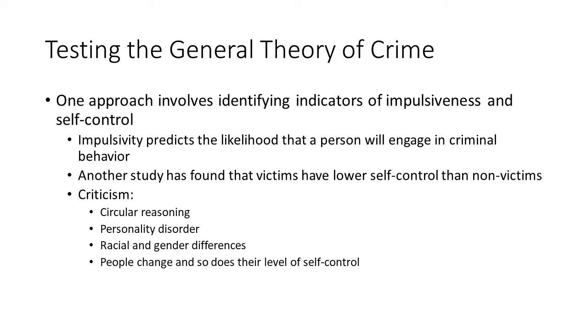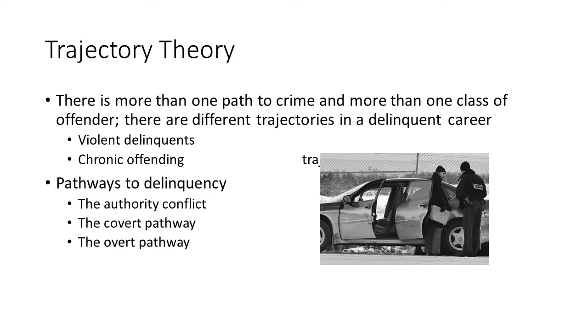We're going to talk about the third developmental approach, trajectory theory. Like I said, it's the third developmental approach, and it combines the elements of propensity and life course theories.